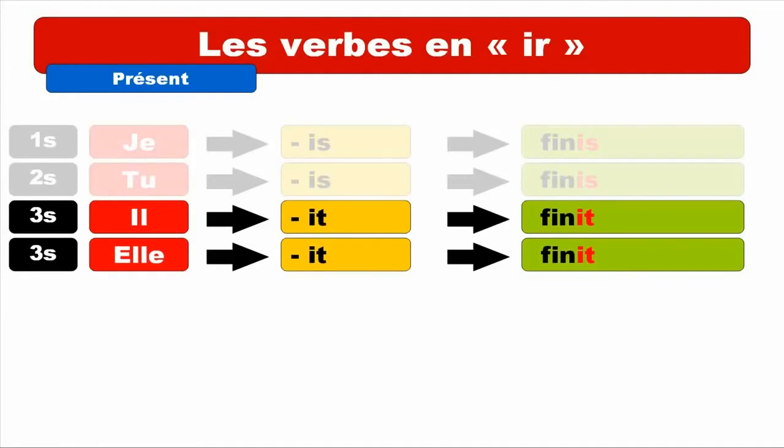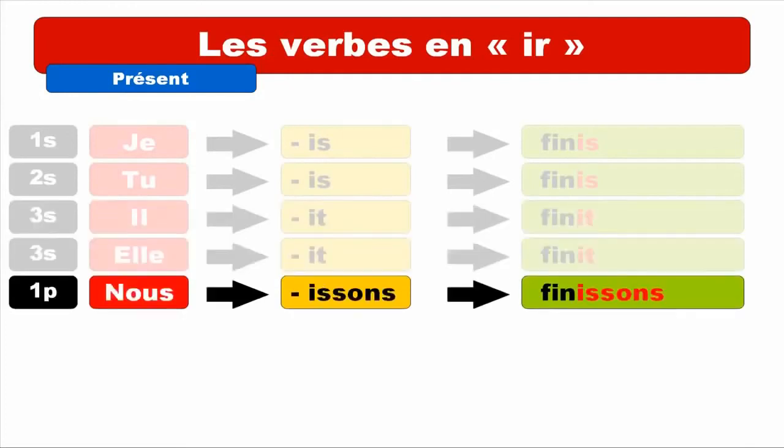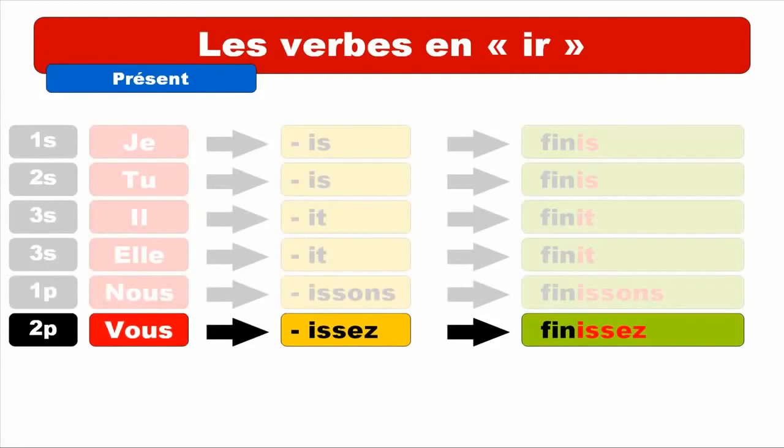Let's see how it goes for nous. For nous, the ending is I-S-S-O-N-S, so you get the form nous finissons. Repeat. Nous finissons. For vous, you get I-S-S-E-Z.